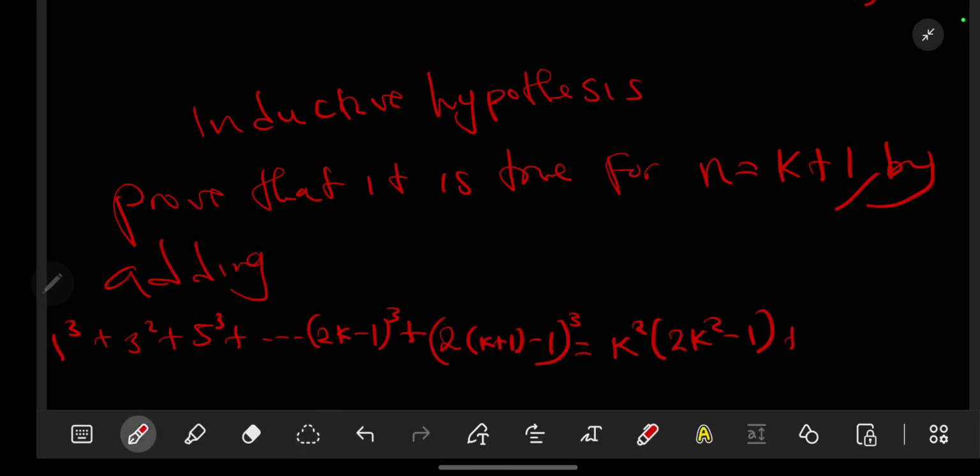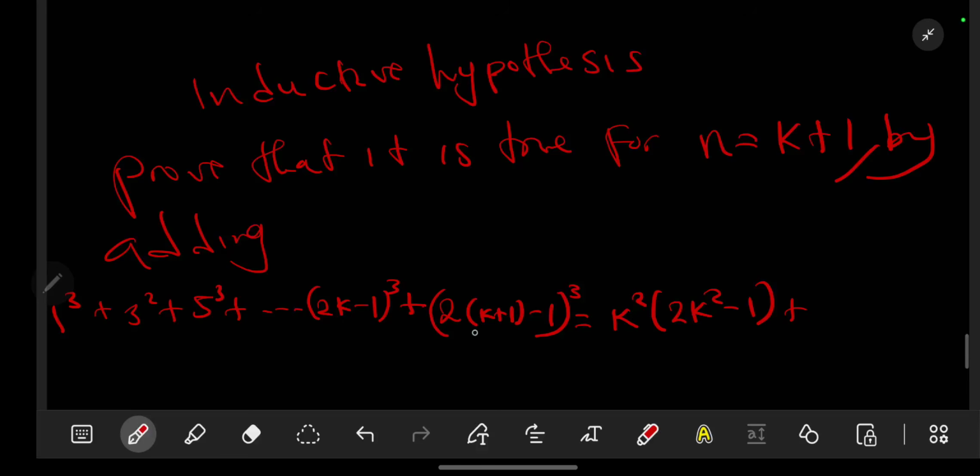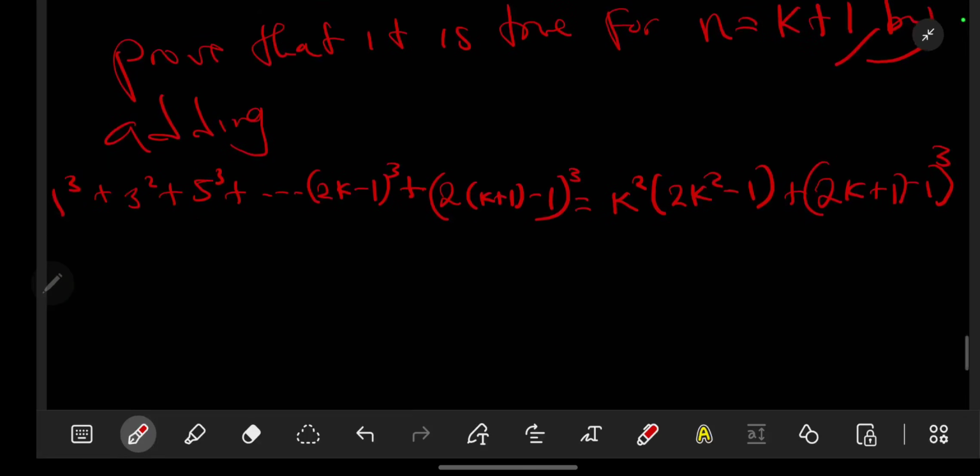We have plus this value, which will be 2, open brackets, k plus 1 minus 1, to the power of 3 like that. So let's deal with this side.